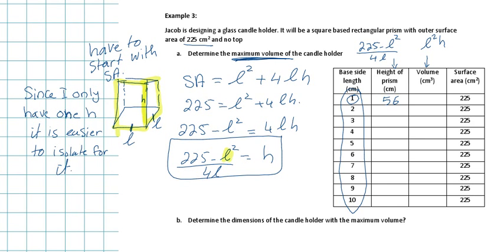So I get 225 minus 1 squared, so that's minus 1, so I get 224 divided by 4, which is 56. Now, if I want to find the volume, L squared times H, L is 1, so that's 1 squared times 56, so that's 56 centimeters cubed. Now what you guys are going to do on your calculator is fill out this table for me, and then we'll discuss it after you're done.